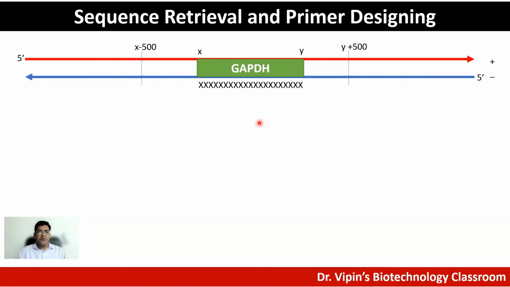Next, we also want to avoid both primers getting designed in one of the flanks. For example, it may happen, because you've defined that primers are not to be designed within the gene sequence, that both primers get designed in your left flank or in the right flank. So we need to instruct the software very smartly that one primer needs to be designed in the left flank and the other primer in the right flank.